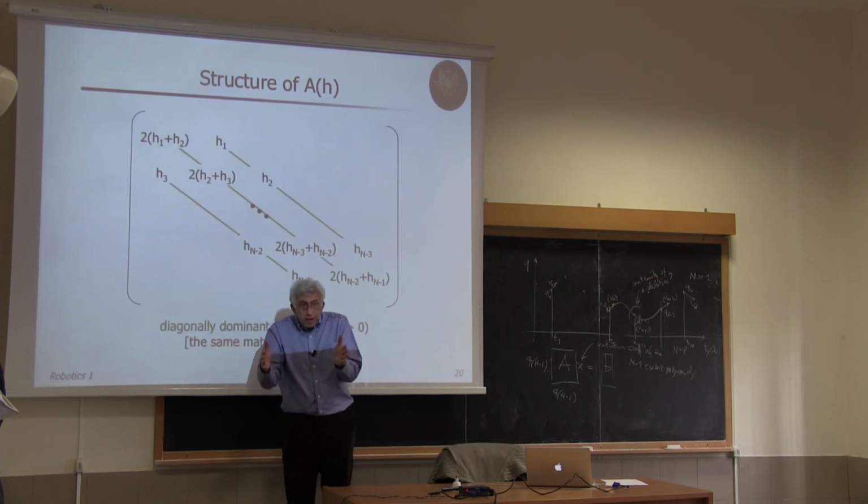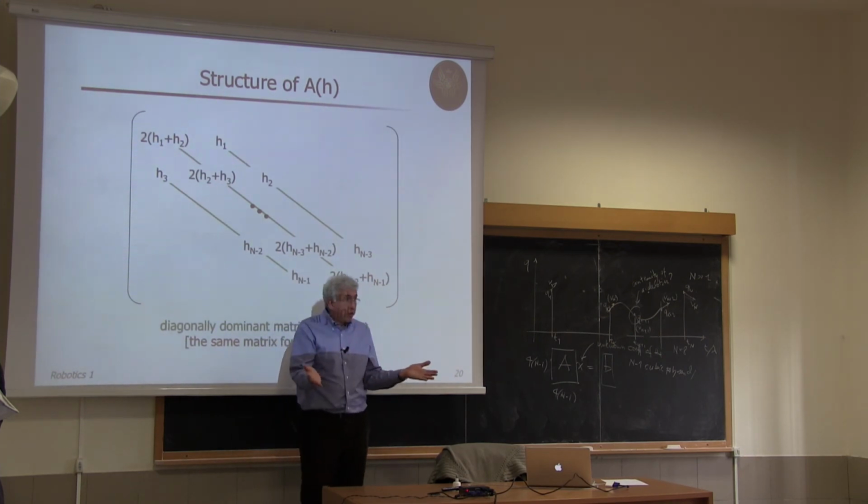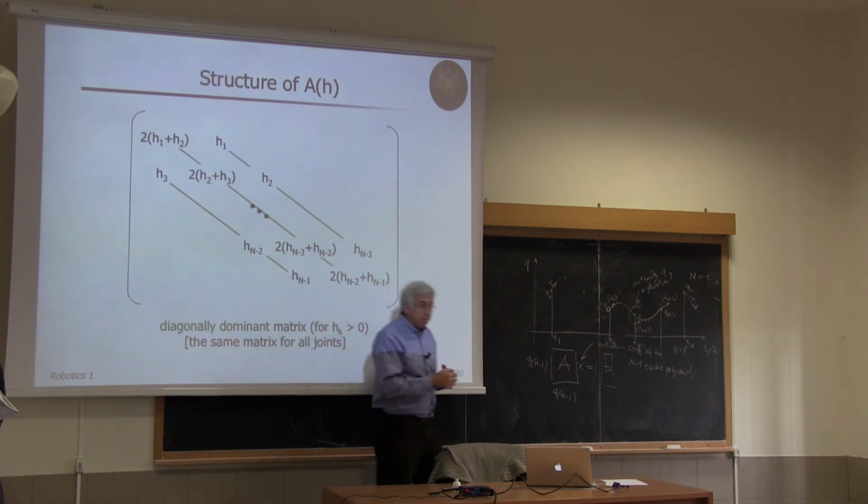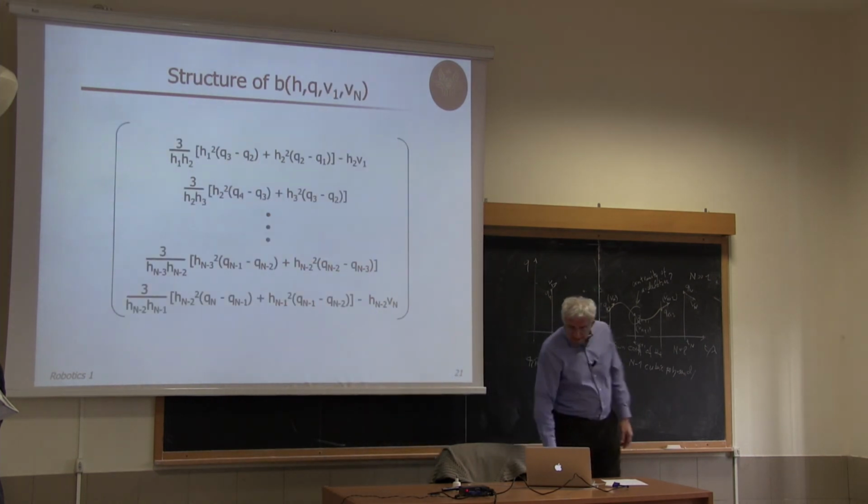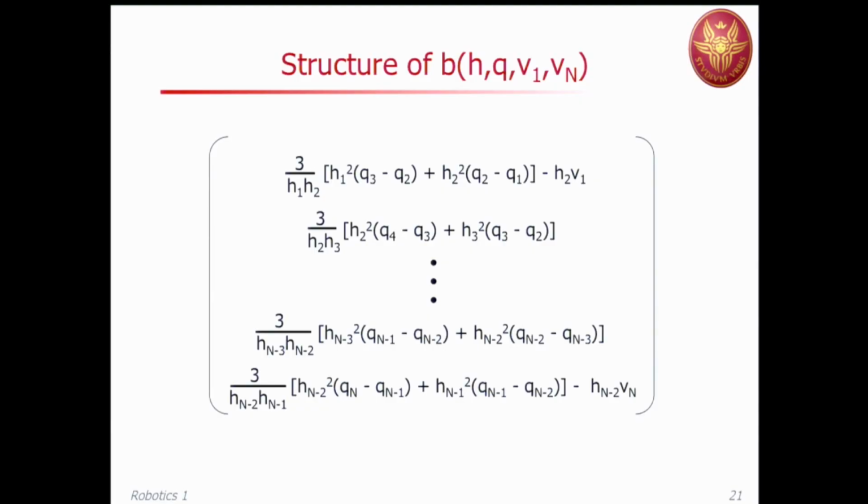We cannot go faster on joint 1 and go slower on joint 3. Okay? And similarly, just to look at this, this is the B vector. Okay? And you see that only in the first and last elements, the V1 and the Vn appear, because they are really far away in this set of equations.